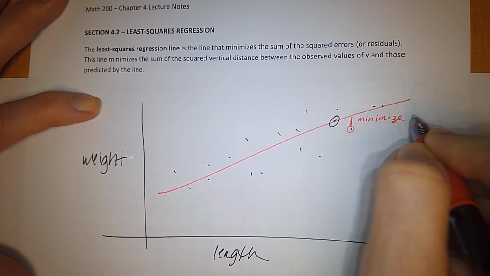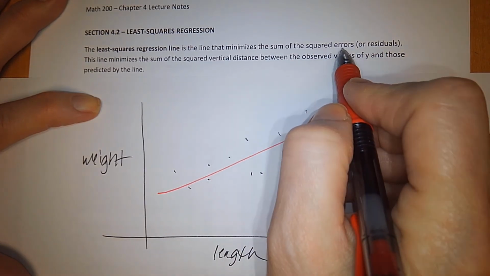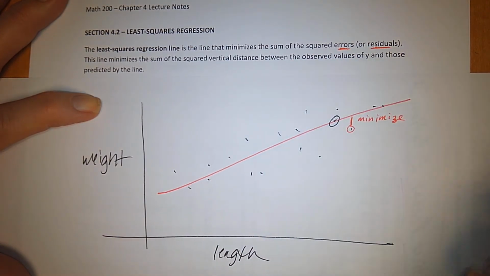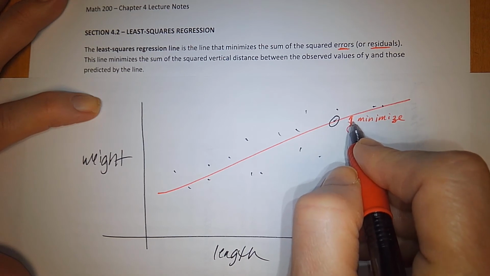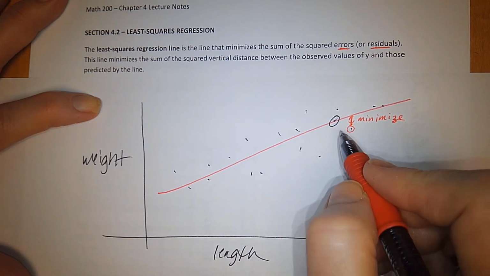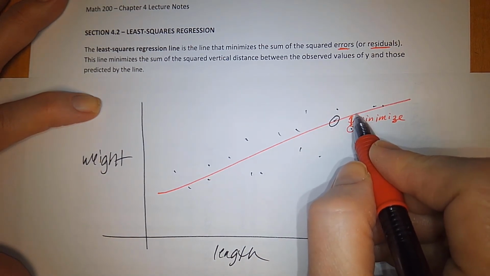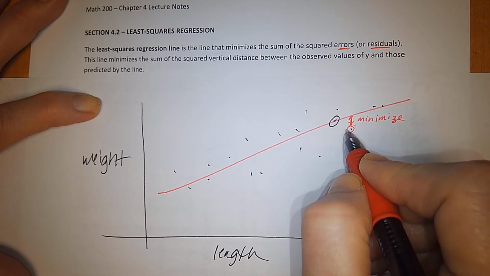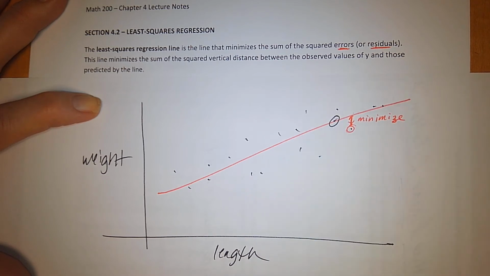It wants to minimize this distance, which is called the errors or residuals. So this distance right here is the residual, or the amount of error that the line is making by predicting where this point should be.